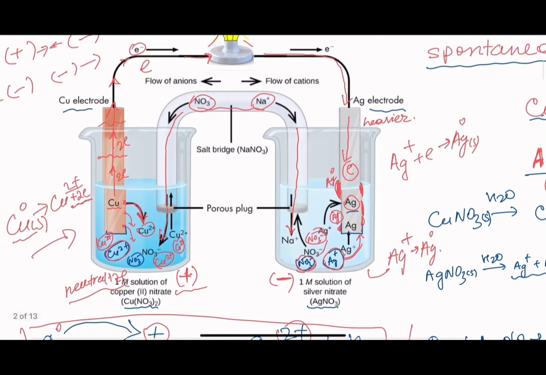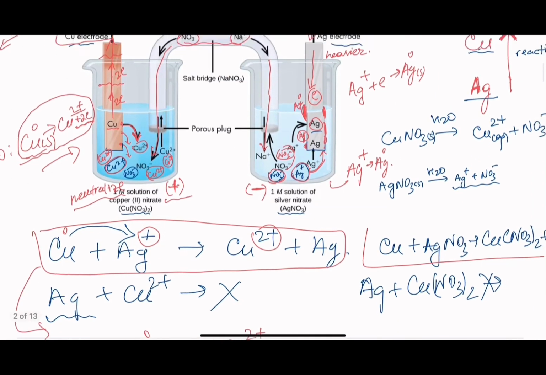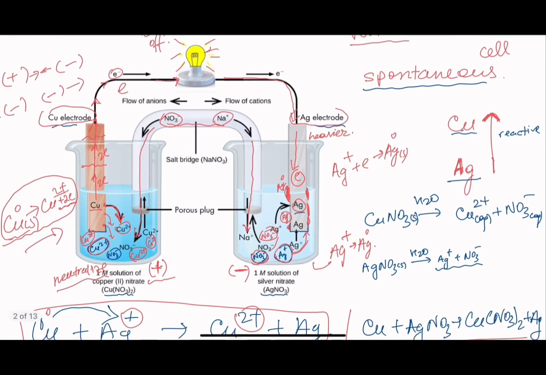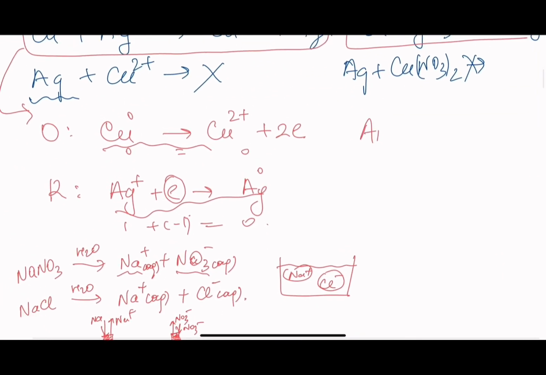But there's one thing, we need to know which one is anode and which one is cathode. So there are two electrodes. Because we said that copper oxidizes and silver reduces, right? Because it takes an electron. There's one easy way to memorize this: an ox and the red cat.